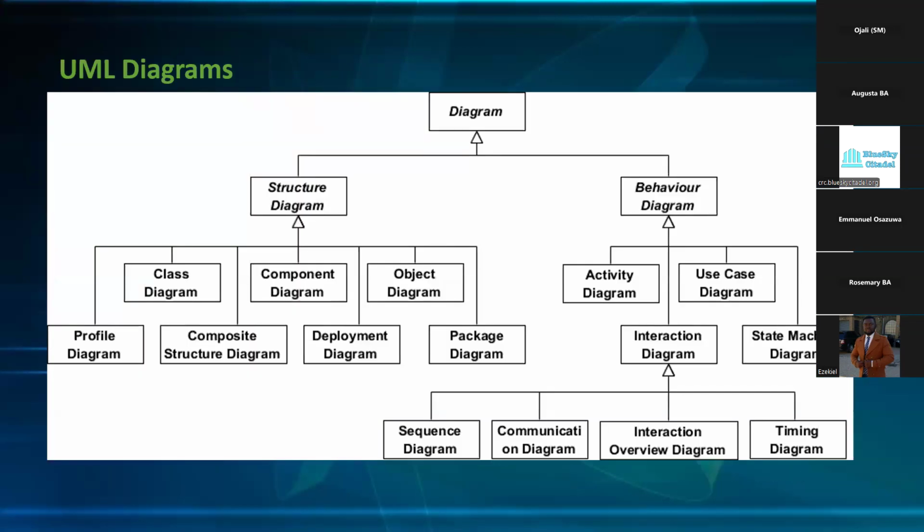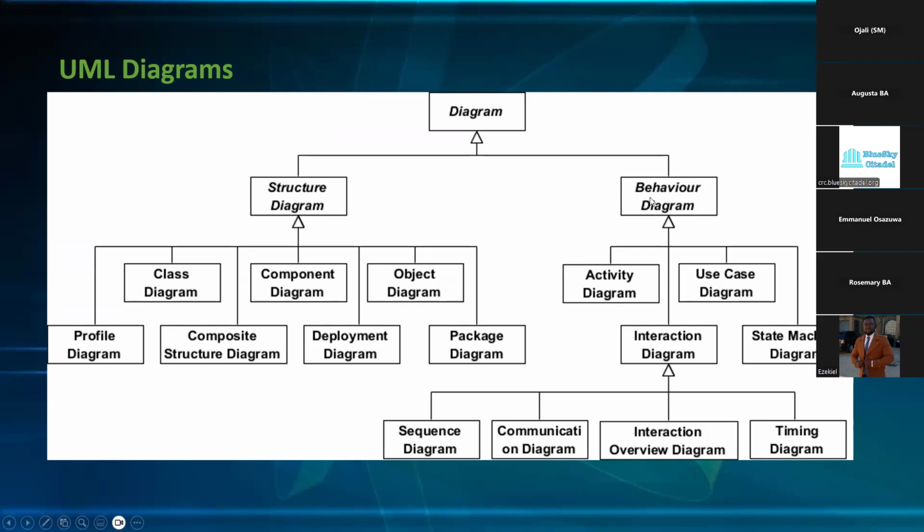This is a diagram that shows all the UML diagrams. And if you notice here, you see a use case diagram. For the business analyst, a use case diagram is one of those diagrams that you need to understand, followed by the activity diagram.